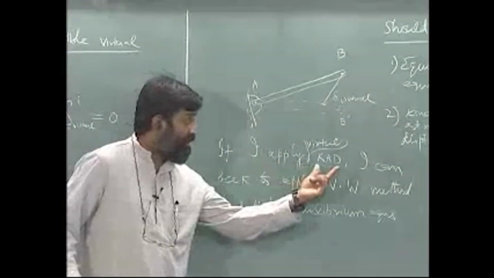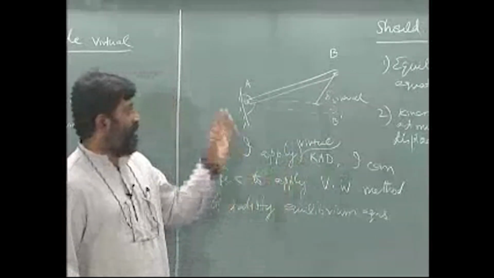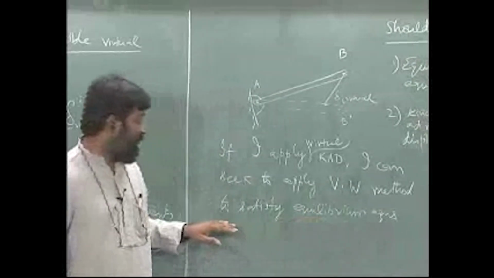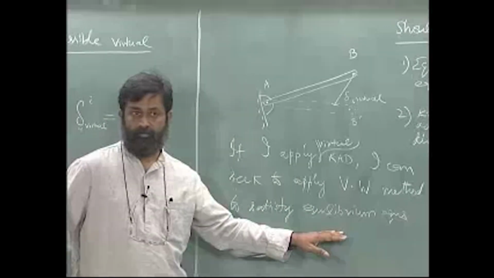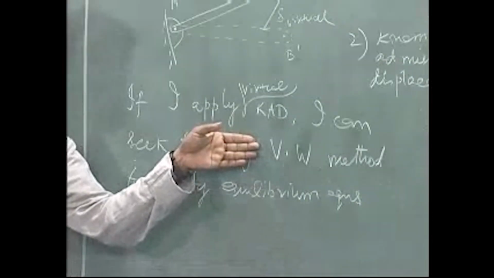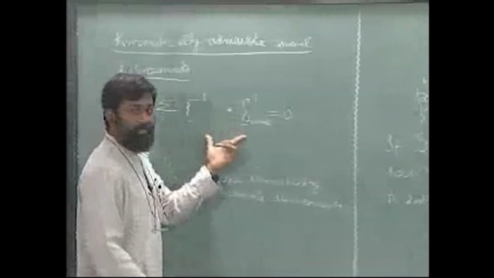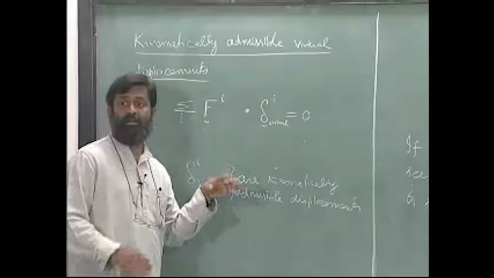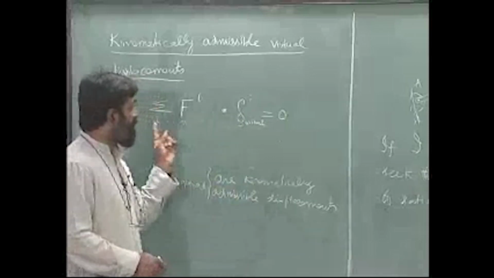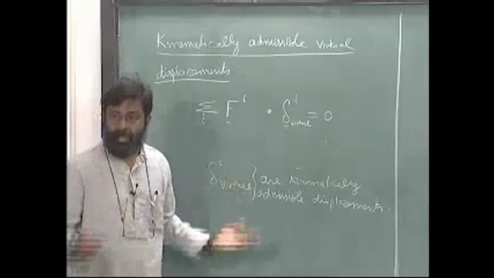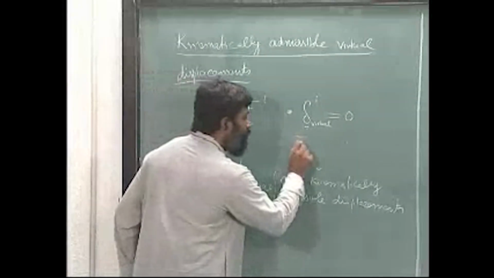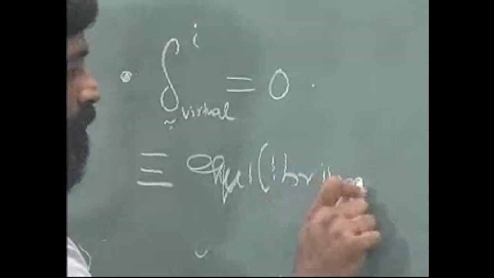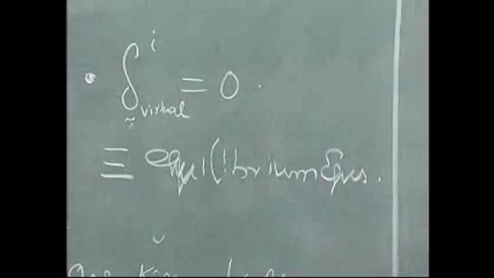Supposing I start with kinematically admissible virtual displacements for a particular system, then I can seek to apply the virtual work method, which is nothing but satisfying equilibrium equations. If I satisfy the virtual work equation, this also means the forces that I use here are equilibrated. If I satisfy this condition, I am satisfying equilibrium, or in other words, these are equivalent to equilibrium equations. This must be understood clearly.